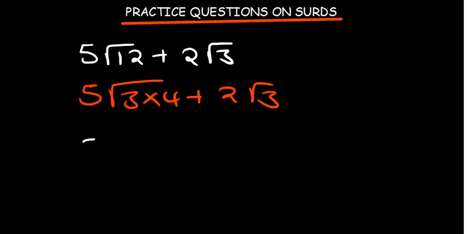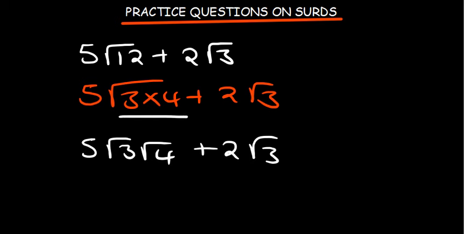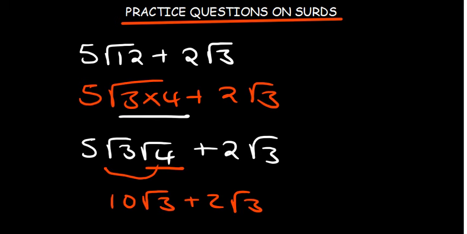So we have 5 root of 3 root of 4 plus 2 root of 3. So I've just split the 12 there. Then we can simplify the root of 4. So root of 4 is a 2. 2 times 5 is going to be a 10. Root of 3 plus 2 root of 3. 10 plus 2 is going to be what? 12. So we have 12 root of 3.